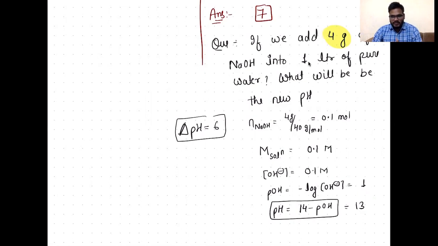But this will not happen in case of buffer solution. If we add same amount of NaOH into any buffer solution, the change in pH will not be such a large. Okay, the change in pH will be less. How it is going to happen? Why the change in pH will be lesser in case of buffer solution? We will see after some time.